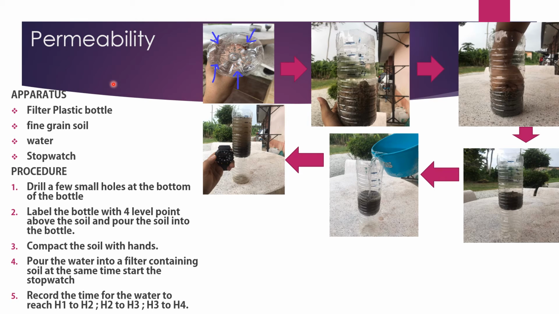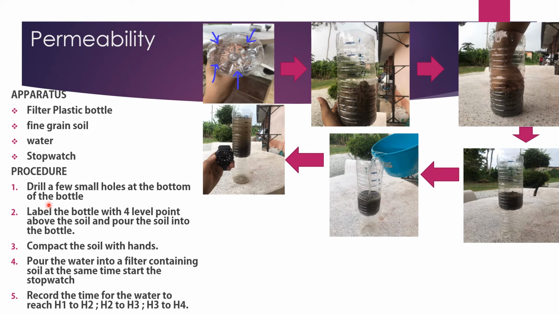Okay, this is the last experiment, which is permeability, and this method is by the falling head method. To conduct the experiment, the apparatus needed is a filter plastic bottle, fine grained soil, water, and a stopwatch.